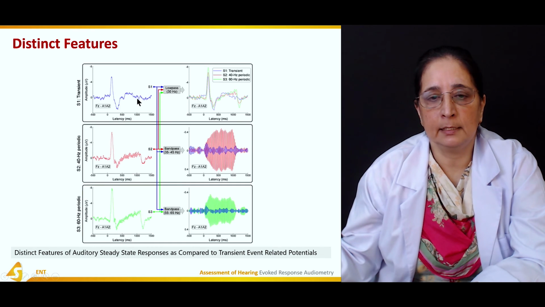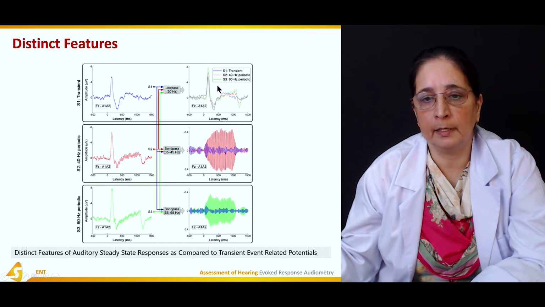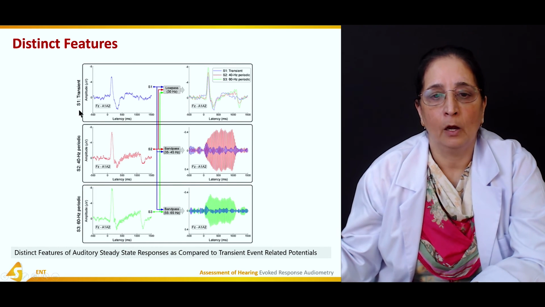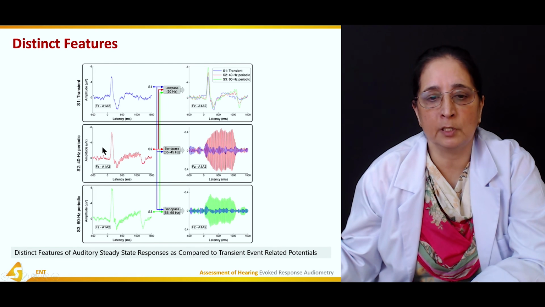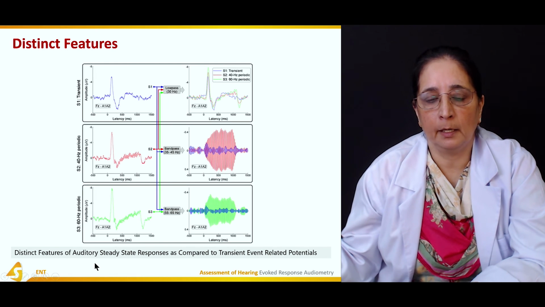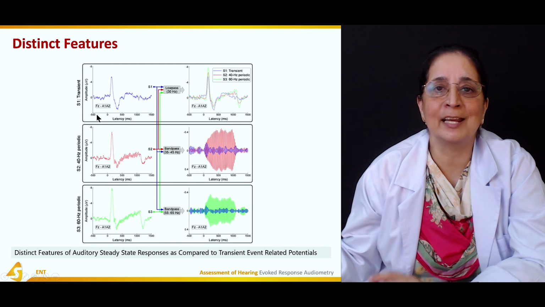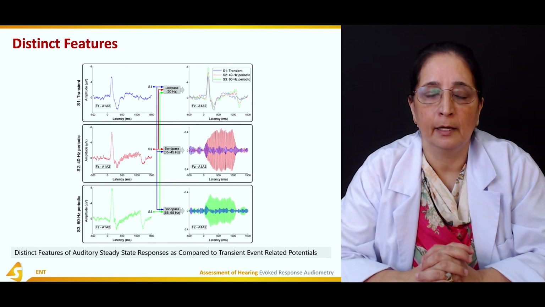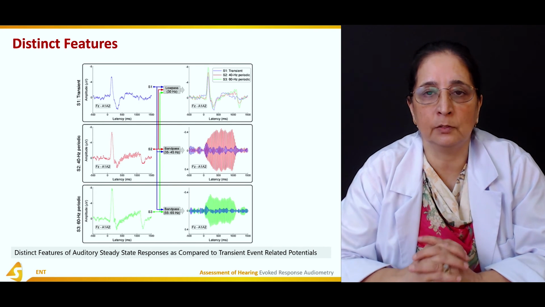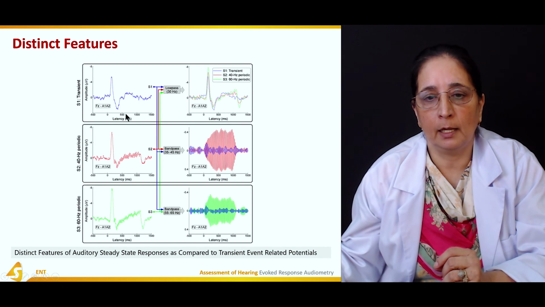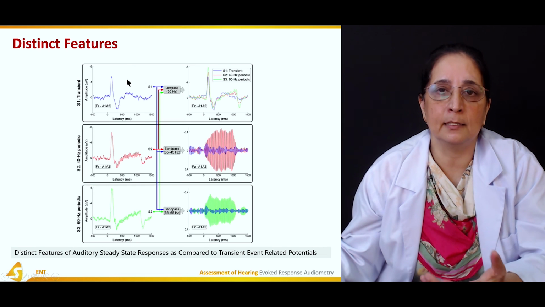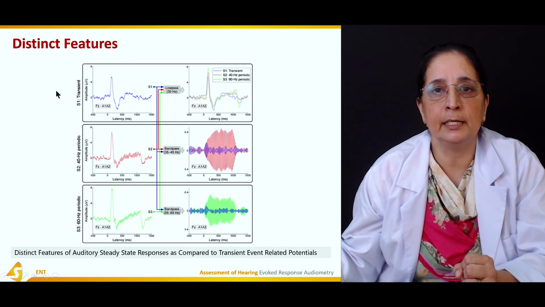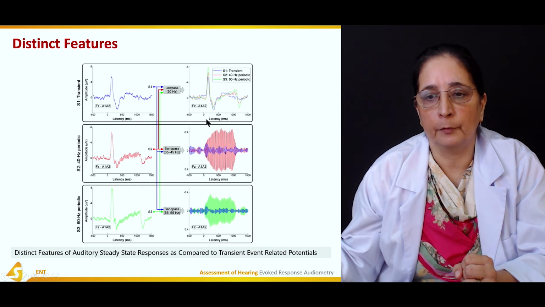These are the different graphs that show the different features of auditory steady state response as compared to transient event related potentials. So these are different graphs obtained as a result of steady state, and these are the transient event related potentials.